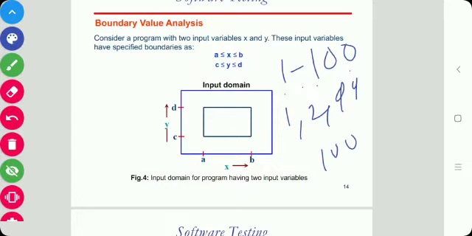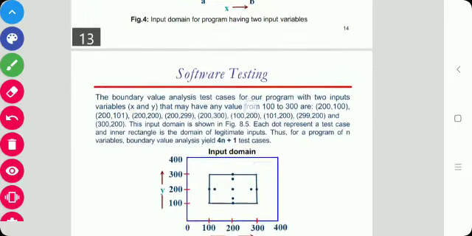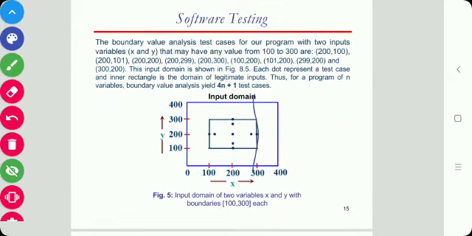This is a diagram with variables x and y. x is between a and b and y is between c and d. For that, the boundary values of x and y are shown here. The boundary value of x is 100, 101. The basic idea of boundary value analysis is to use the input variable values at their minimum, minimum plus 1, nominal, just below maximum, and maximum.